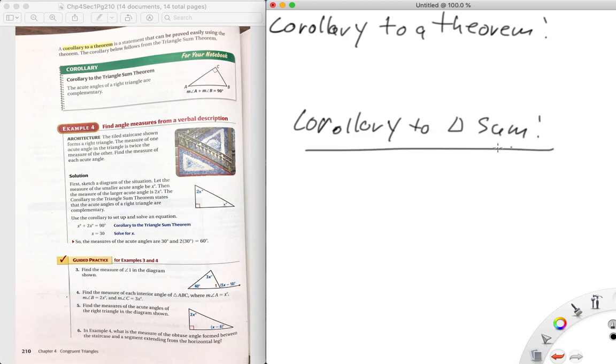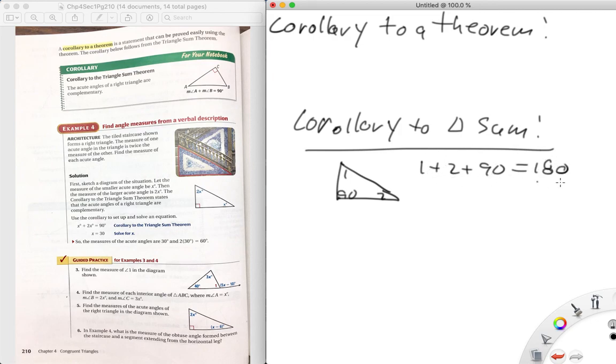The reason we can easily prove this is that if we know that one of the angles is 90 degrees, so 90, 1, and 2, then 1 plus 2 plus 90 equals 180. This is already the triangle sum theorem, right?